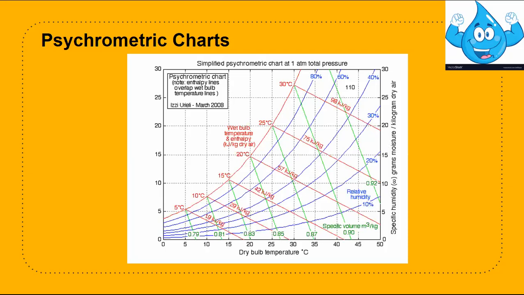Now, aside from that, you get to see that here on the horizontal axis, you have the dry bulb temperature. And in here on the rightmost vertical axis, you have the specific humidity, omega rather. Now, specific humidity meaning humidity in itself. So it's grams moisture measured per kilogram of dry air.